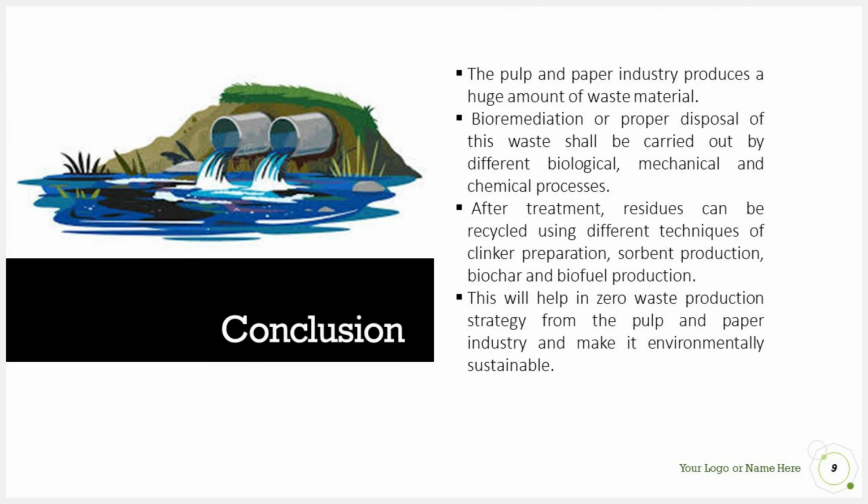Hence, it is observed from these studies that integration of biological treatment with advanced oxidation processes is a sustainable way ahead. The residue after the treatment process can be valorized using different techniques of clinker preparation, sorbent production, biochar, and biofuel production. This will help in a zero waste production strategy for the pulp and paper industry and make it environmentally sustainable.